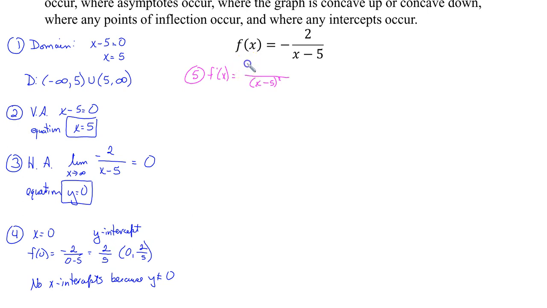So we have the bottom part, low, which is x minus 5, times the derivative of the top, negative 2, and that derivative is 0, minus the high, which is our negative 2, don't lose that negative, times the derivative of the bottom, or d low, which is 1. We clean this up, and this becomes a positive 2 over x minus 5 squared.